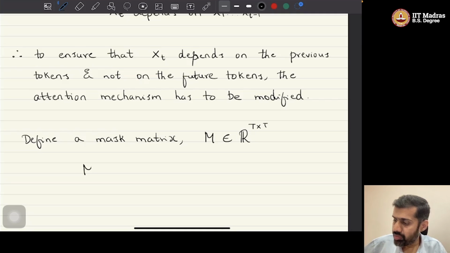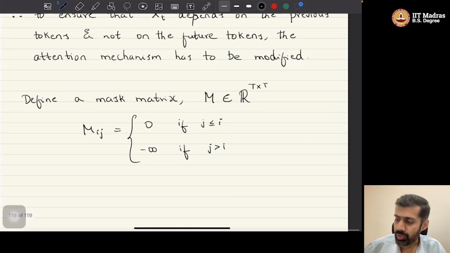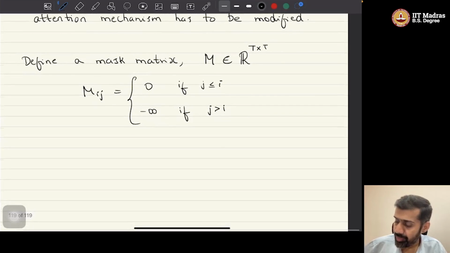Now, the ijth element of this M is 0 if j is less than i, and it is equal to a very large value, mathematically defined to be minus infinity, if j is greater than i.